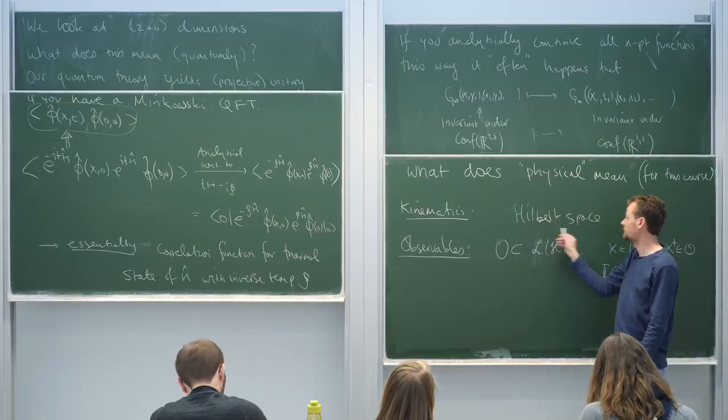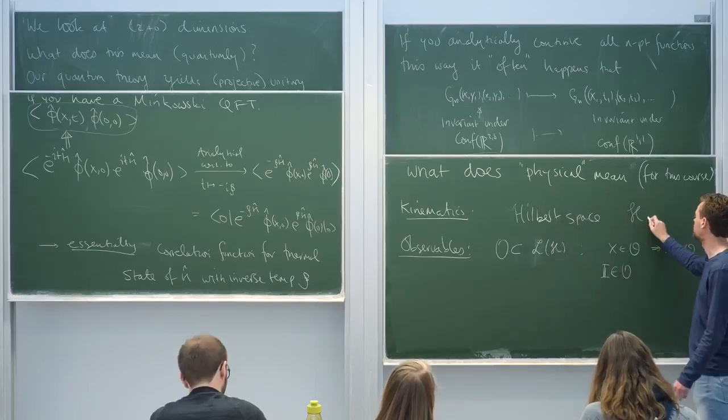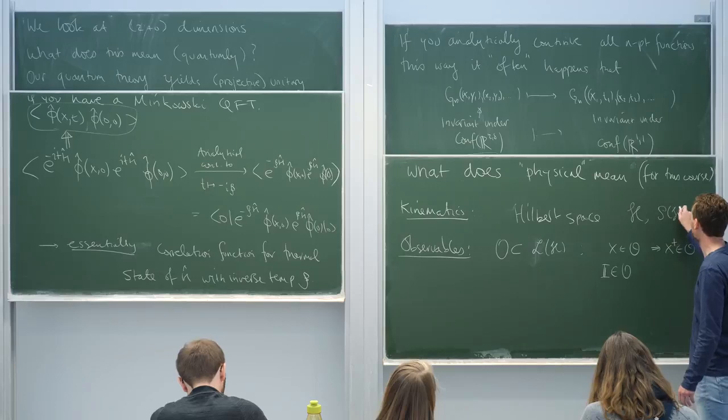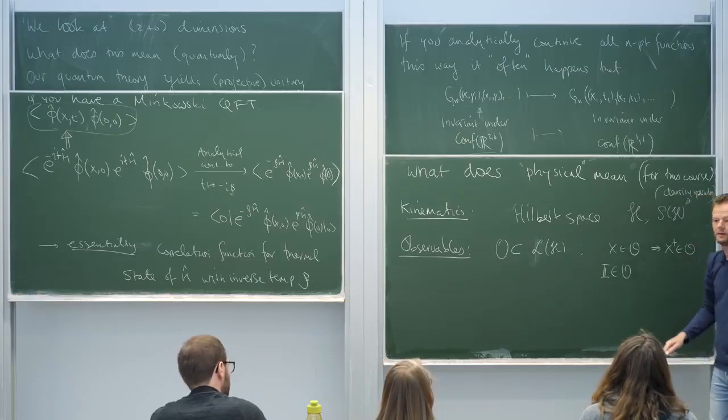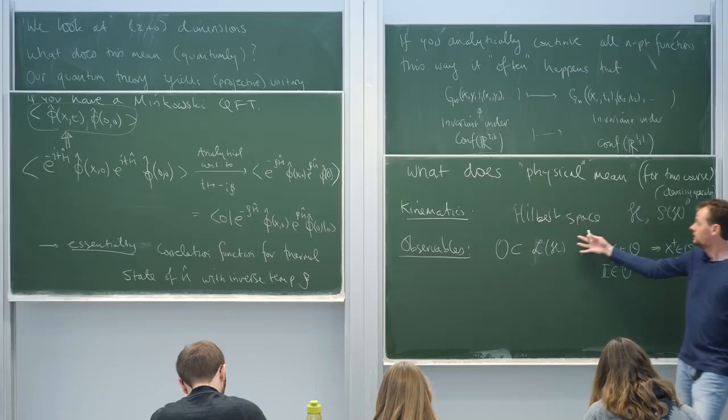So the Hilbert space here gives you the space of states, or more properly, the space of density operators, or positive linear functionals. And these give you the observations.